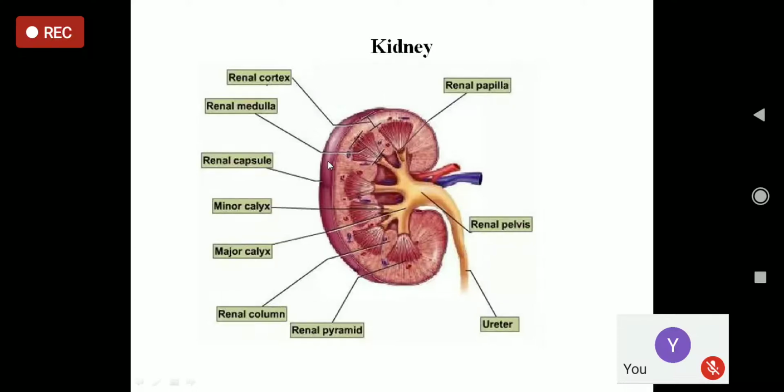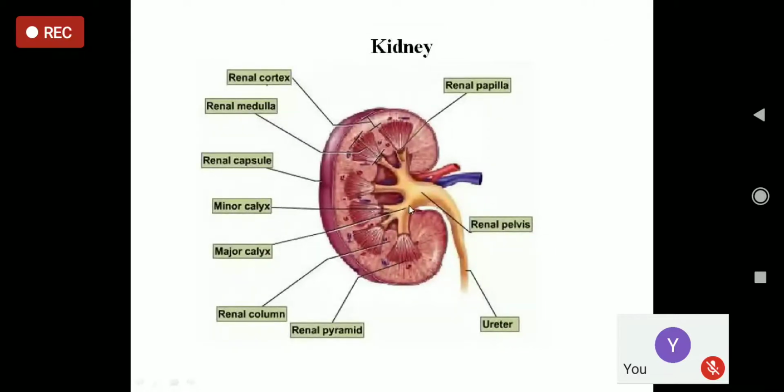Now, on the top, just outside, there is a renal capsule. It is very tough. Now, these are the medullary pyramids, and there are small portions which are called the minor calyx.